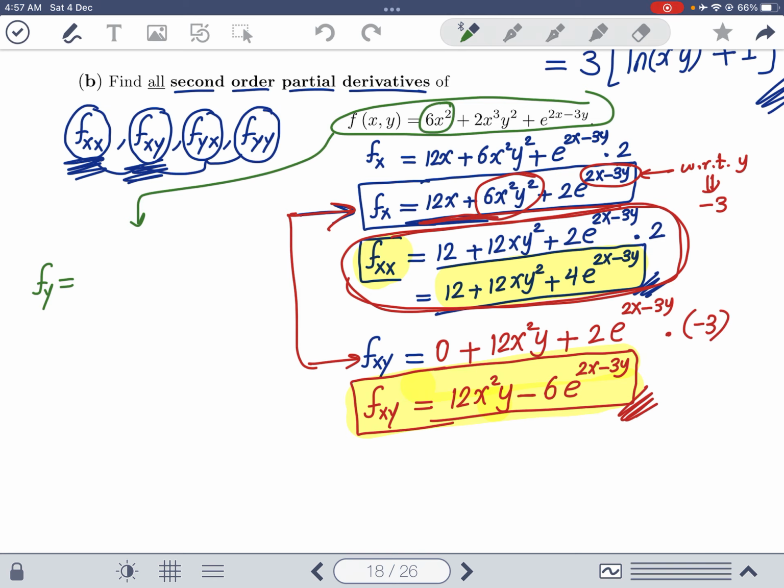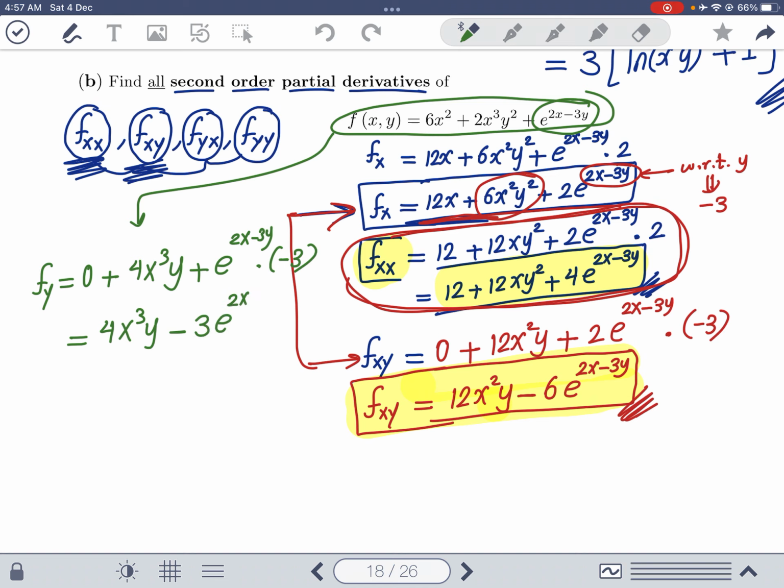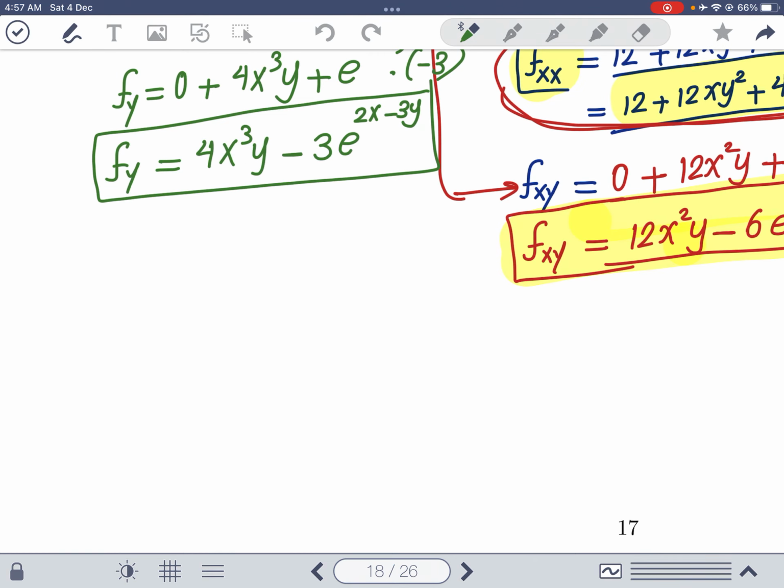The derivative of this with respect to y is 0, plus 4x cubed y. Then we do the exponential with respect to y: it remains the same, copy paste, times the derivative of the exponent with respect to y, which is negative 3. So this will be 4x cubed y minus 3 e to the 2x minus 3y. This is fy. And now from this we can compute fyy and fyx.